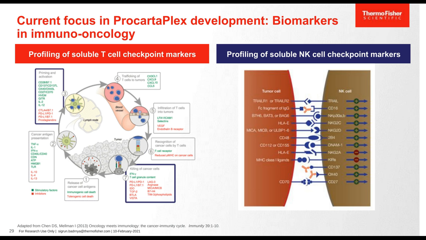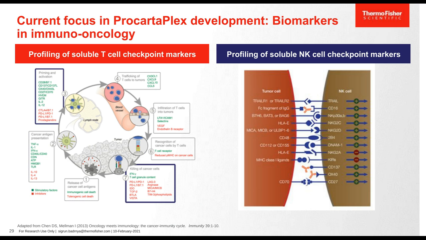So in recent years, a main focus of the development of ProcartaPlex assays was on immuno-oncology biomarkers for investigating immune checkpoint pathway functionality in effector T cells and natural killer cells, which are involved in the regulation of both adaptive and innate immunity.